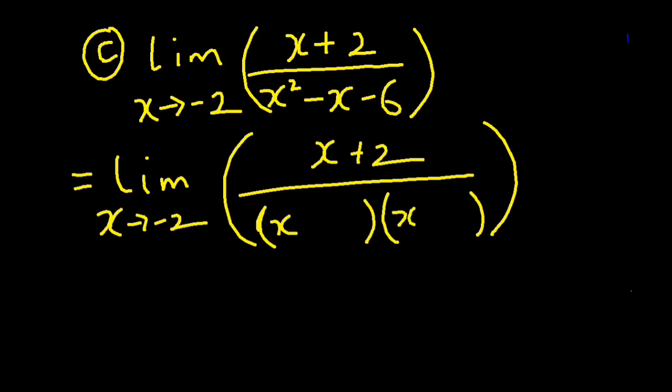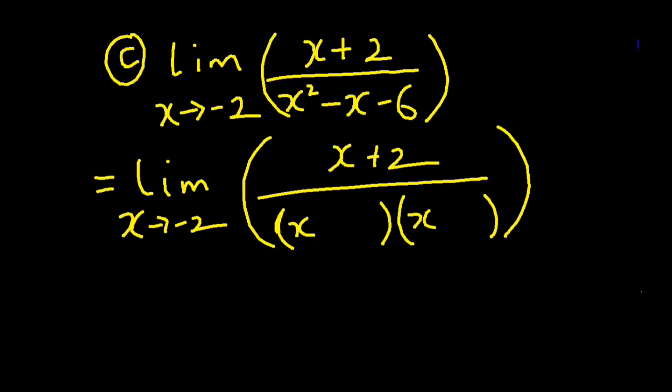x here, the other x here. So the product is minus 6. And the sum, the product must be a factor of 6, and the sum must equal minus 1. So minus 3 plus 2. So here we have plus 2 and here minus 3.